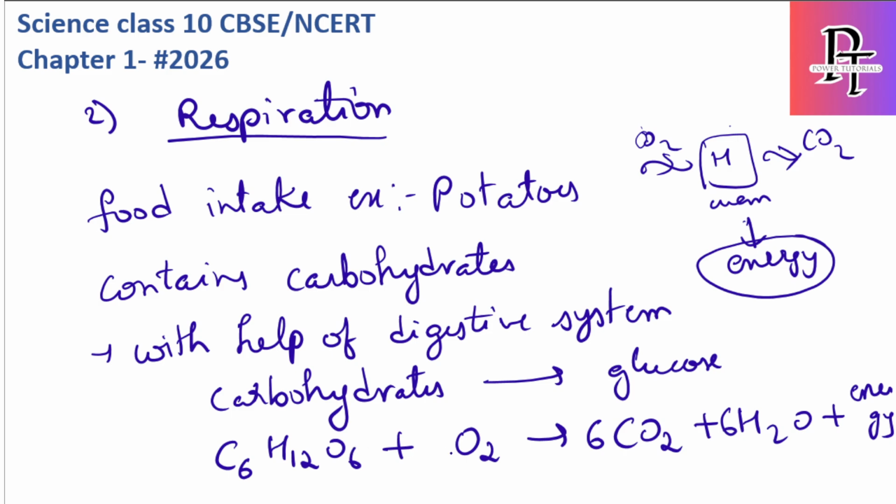Here 6 are present, so it should be 6 O2, which is 12 oxygen. 12 plus 6 is 18, so we have 12 more. So if I keep 6 O2, it becomes 12 oxygen. Yes, now it is balanced. C6, C6, H12, H12, 6 plus 12, 18 oxygen, again here also 12 plus 6, 18 oxygen.